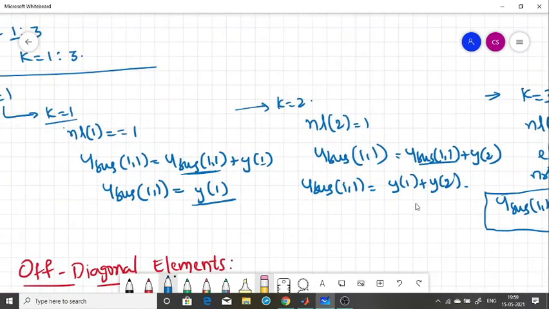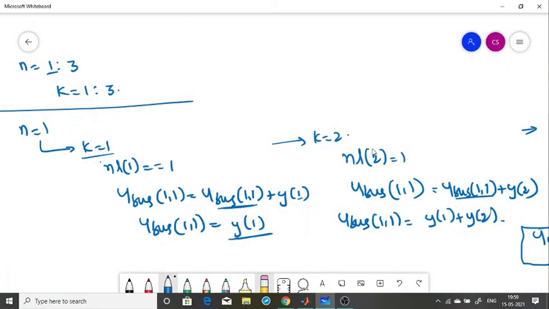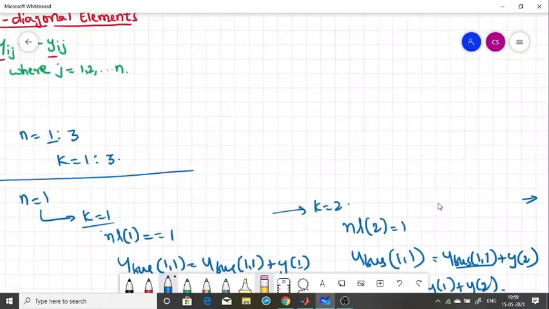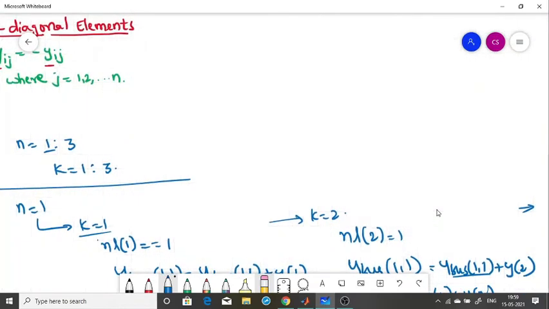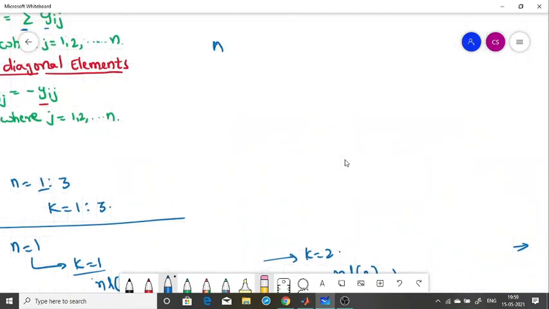Next, it will move to n is equal to 2. In this case again k is equal to 1, k is equal to 2, k is equal to 3. In this one again it will verify whether NL of 1 is equal to 2 or not.